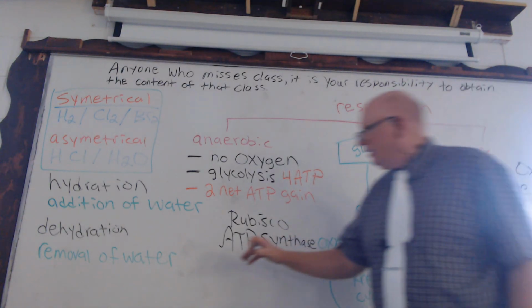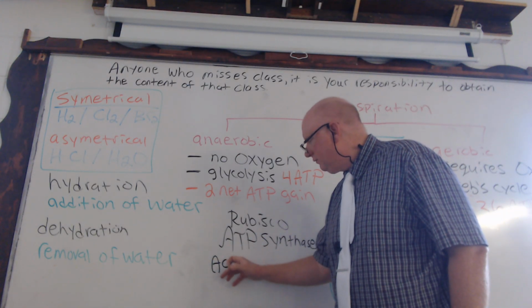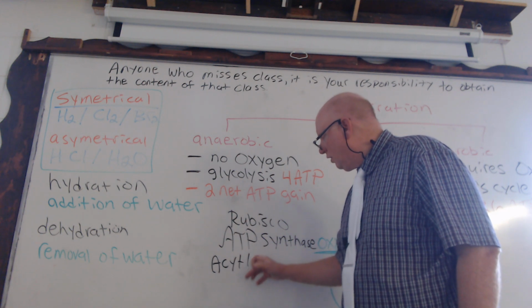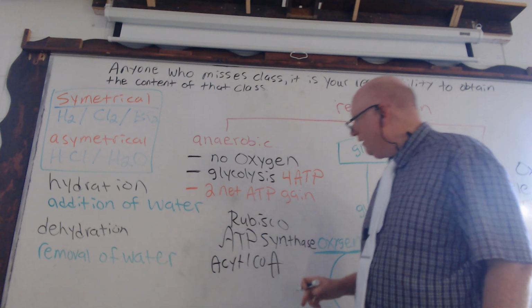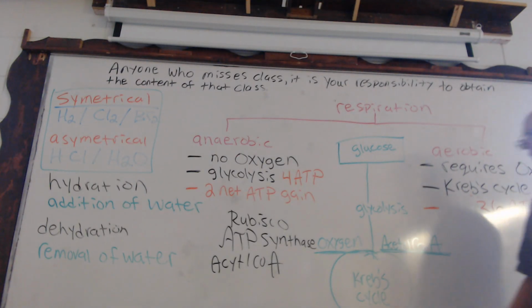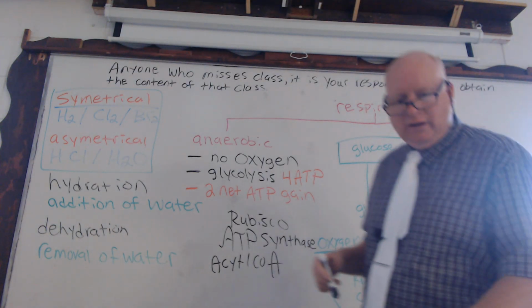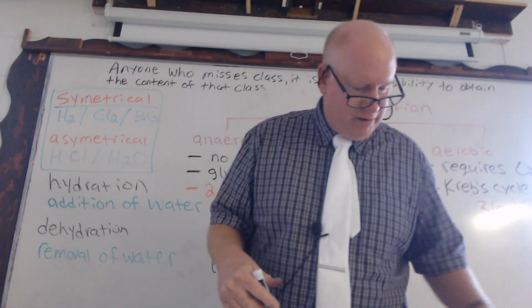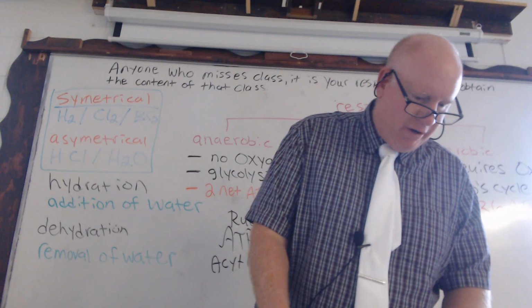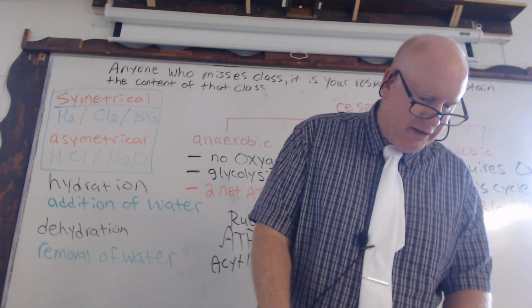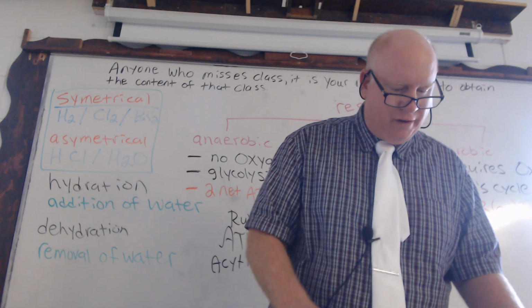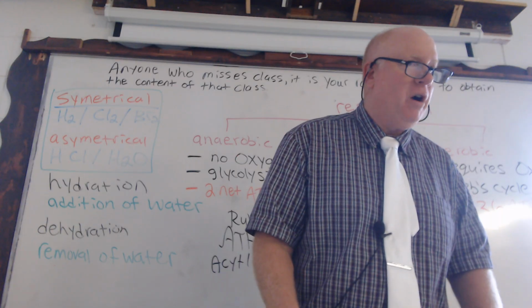This is the third enzyme, acetyl coenzyme A. Those are the 3 main enzymes that we've talked about in this chapter. Okay, so where does that put us? A good spot to talk about photosynthesis and cellular respiration on page 233, doing that tomorrow.